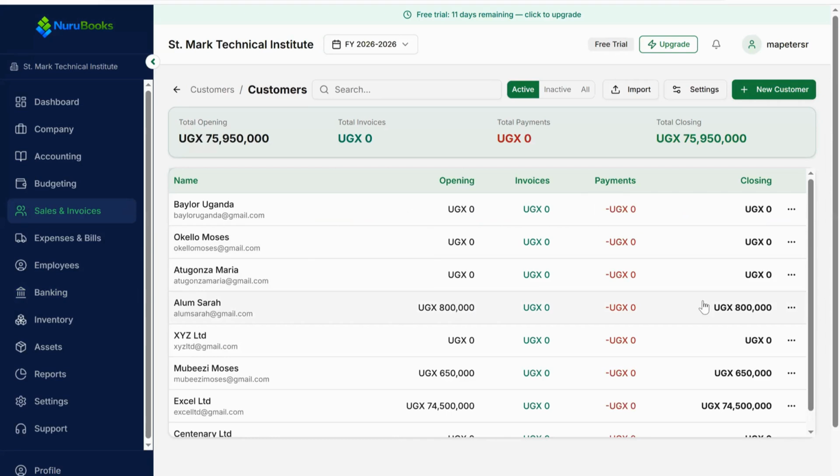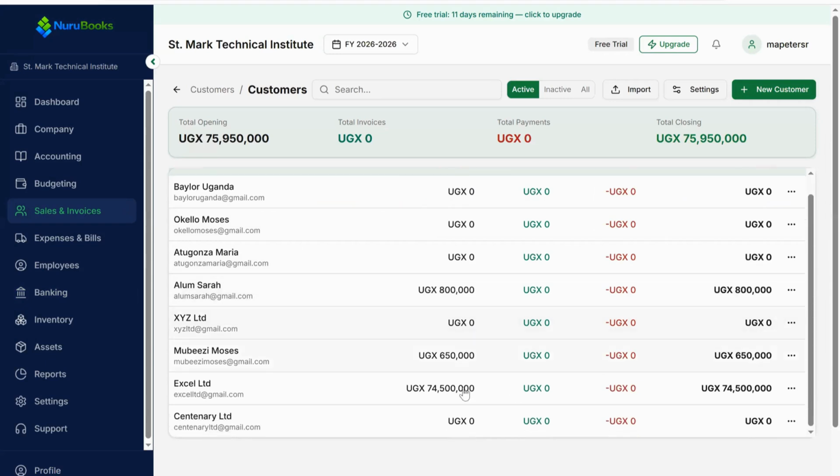Your work is just to input this, and then NuruBooks posting engine does all the posting for you. Again, Mobezi, Moses here, Excel, they all had opening balances, so you just enter the opening balance without worry of the accounting. So how is the accounting? Briefly, each time you enter an opening balance, for example, Sarah's opening balance of 800,000 has a normal balance, which is a debit.